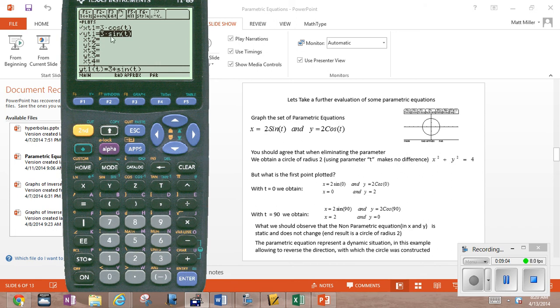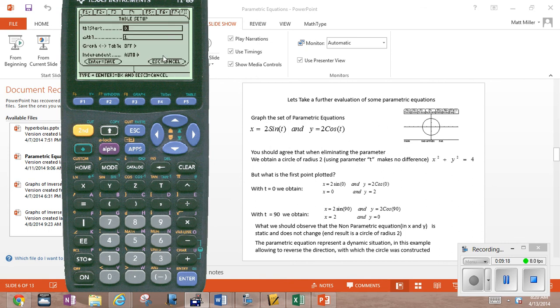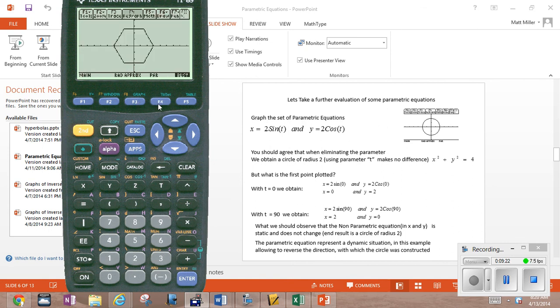But in terms of the point plotting, which is being controlled by the parametric equation mode, it's only plotting points every 120 degrees. I'm sorry, every 60 degrees. So there it is, plotting every 60 degrees. Bam, bam, bam, every 60 degrees.